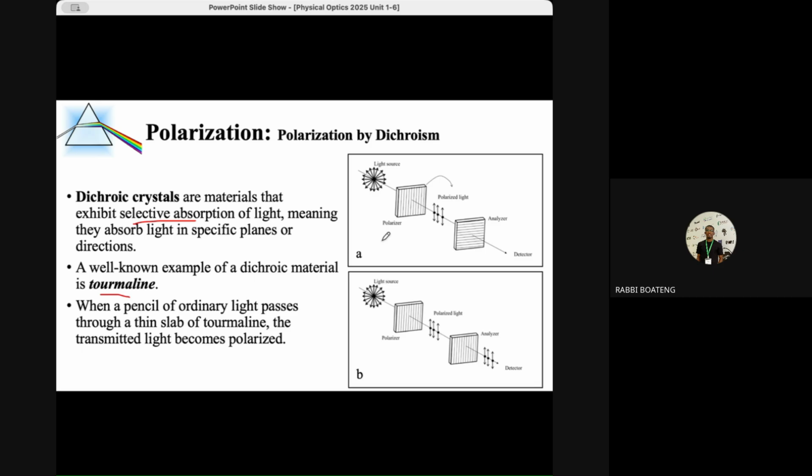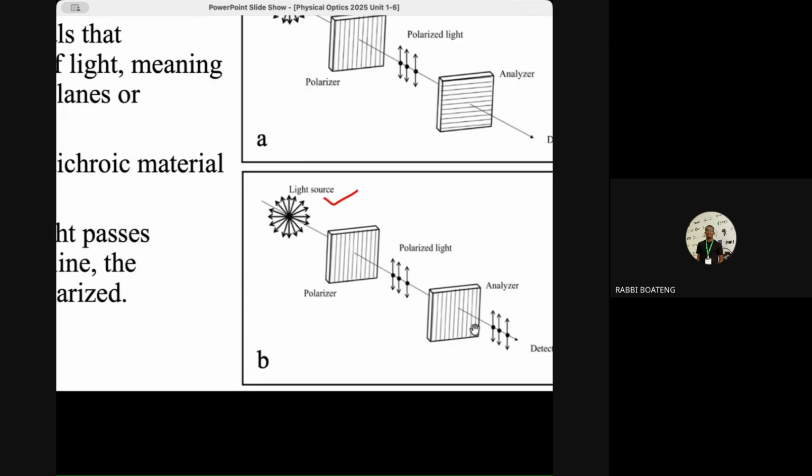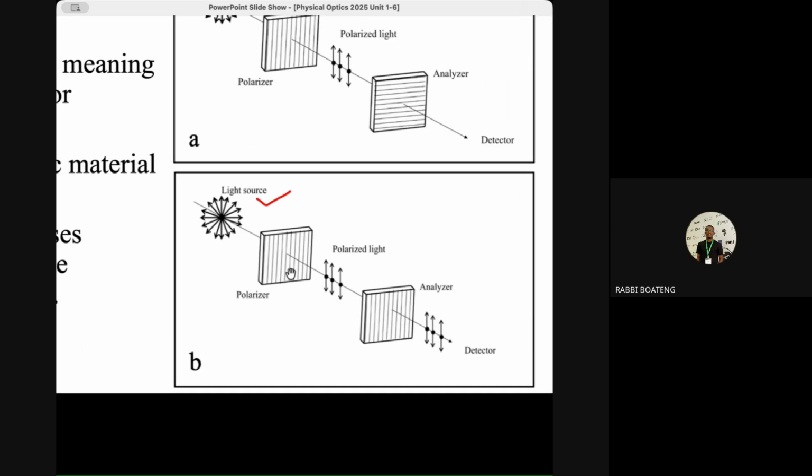The most important thing for you to understand is these two scenarios. We have a light source here, and another light source here. We have two polarizers, 1 and 2.